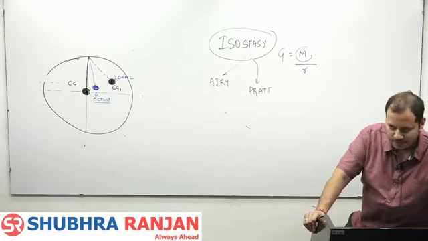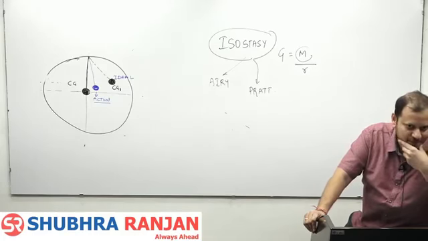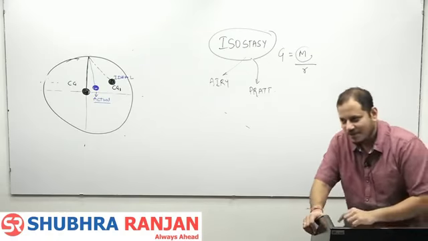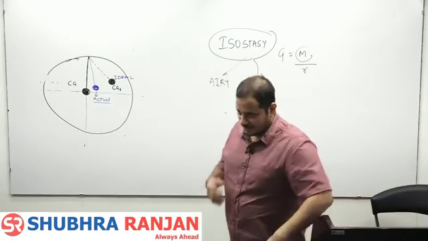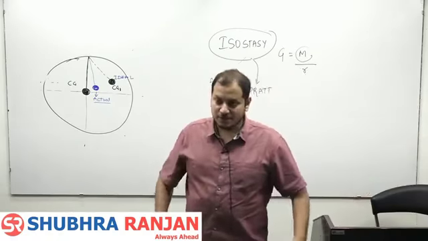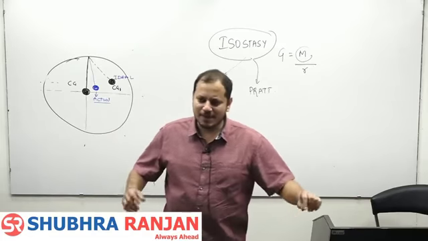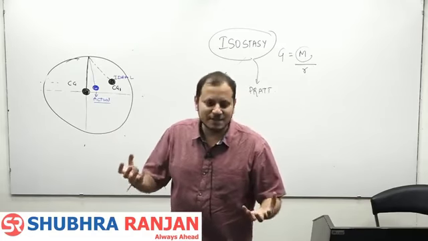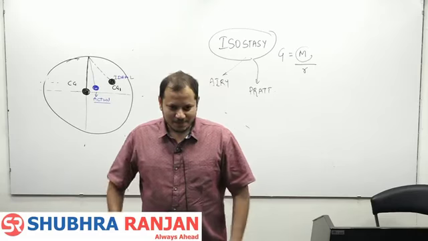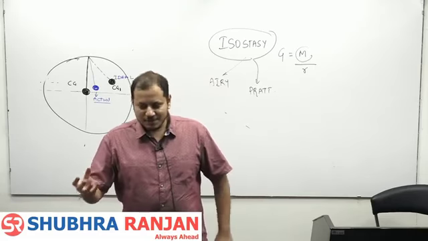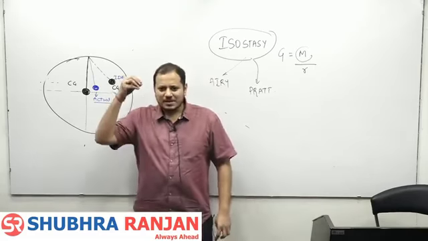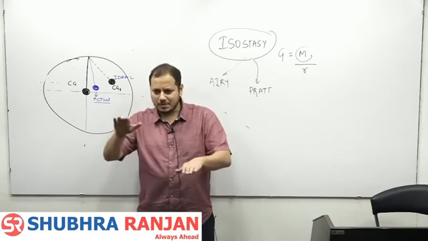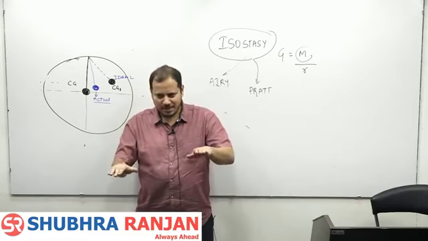Do you use the theory of isostasy in your everyday life? Yes. Why? When you are standing or want to balance, you stand like this. Why can't you balance on one leg? Center of gravity. Getting it? This is nothing but isostasy, which means equilibrium, the position of balance.